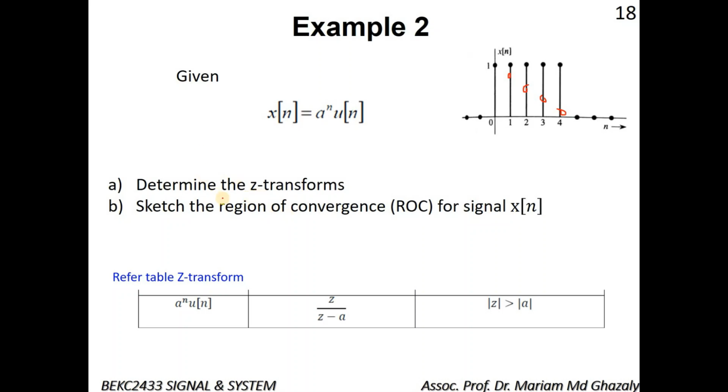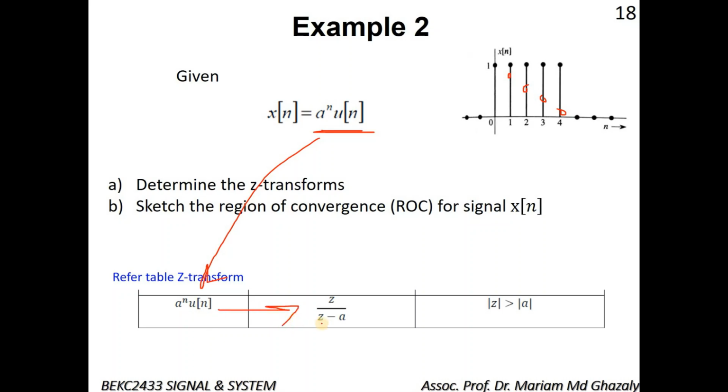So here, determine the z transform and sketch the region of convergence. By default, if you're given this equation, the first thing you can directly do is refer to the table, because it's just a matter of looking at it and matching it to the table. If you look at the table, you can find a^n u[n].